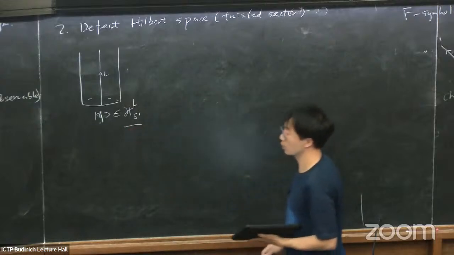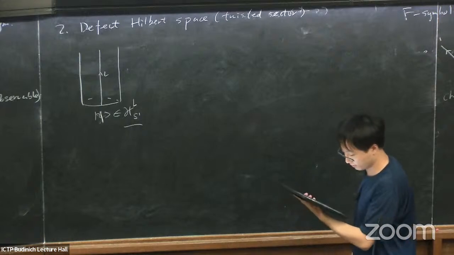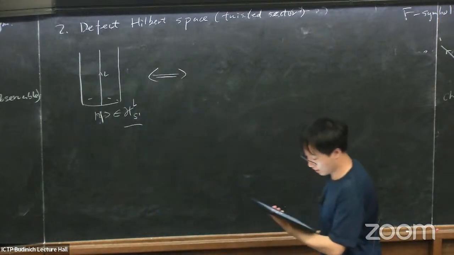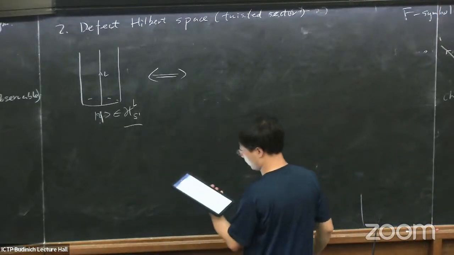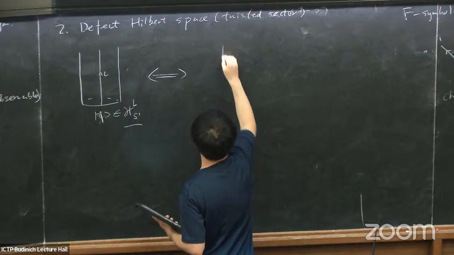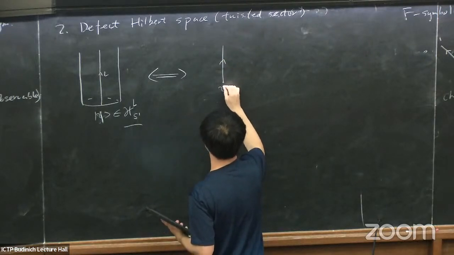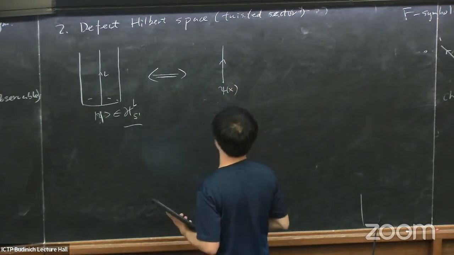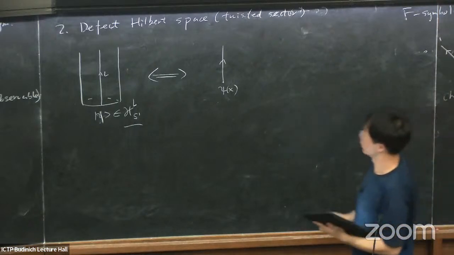But in the case of a non-invertible defect, because of locality, you can still define this defect Hilbert space. By the same conformal map that relates the radial quantization to the cylinder, specifying this state is equivalent to having a local operator that sits at the end of a topological defect line.